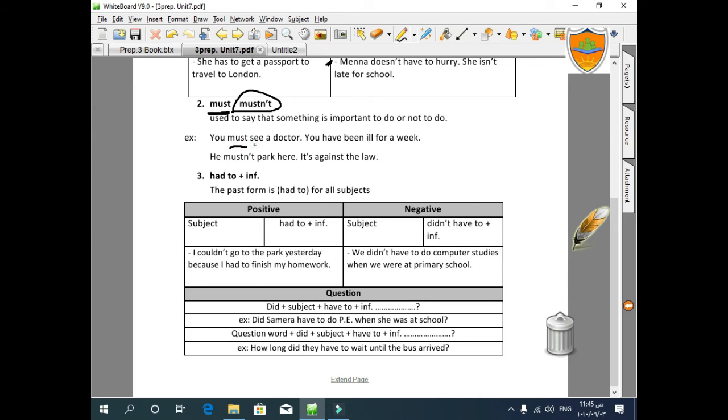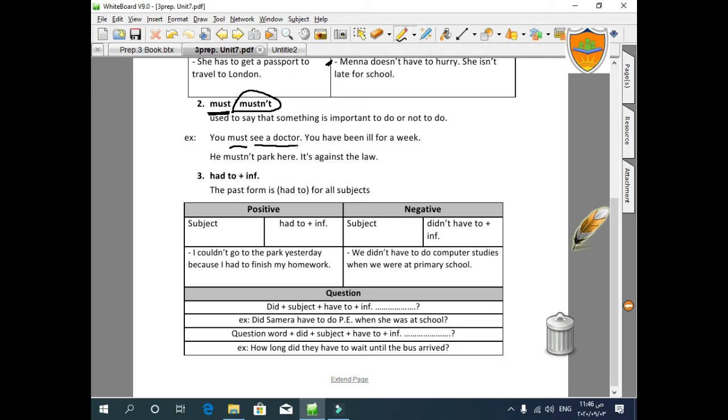Let's read example number 1. You must see a doctor. You have been ill for a week. Okay, you must see a doctor because it's good strong advice. But if you don't go now to see a doctor, you may only be harmed, but not put in prison. You may lose your health.